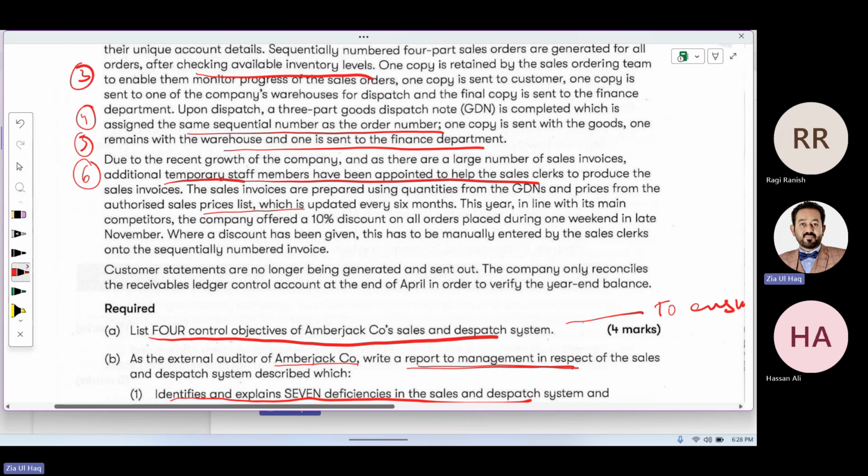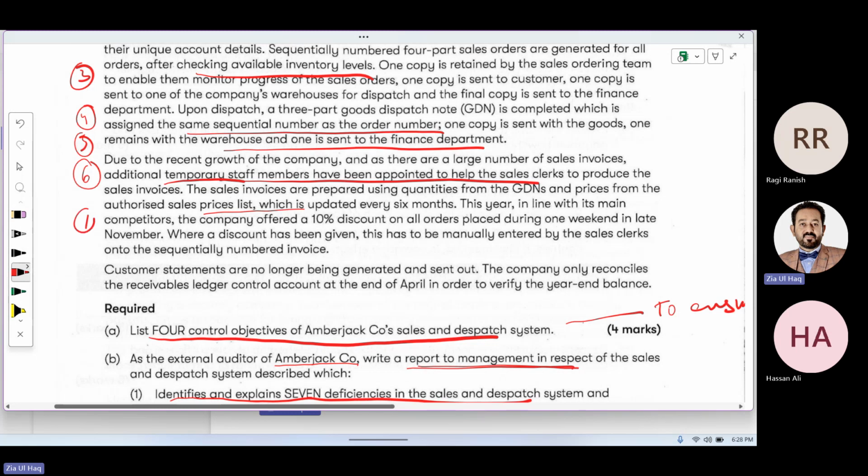And this can affect our customer as well. So the company should charge the price on the invoice by comparing with the sale order rather than the list. Or if they are charging price as per the price list, then the price list should be updated on a regular basis.